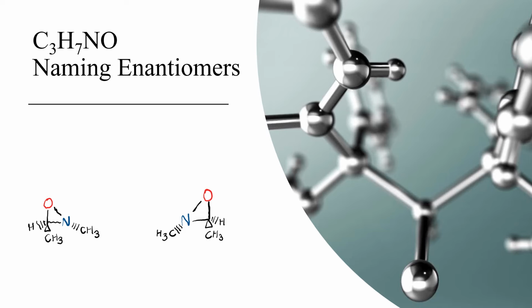Now, to specify the enantiomers, we must assign priorities. So, oxygen has the highest priority, followed by nitrogen, followed by carbon, followed by hydrogen. To begin, we must face the molecule in a position where hydrogen is facing away from us. And as you can see, in each case, hydrogen is already facing into the plane and away from us.